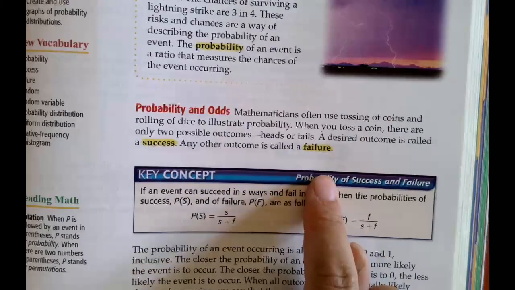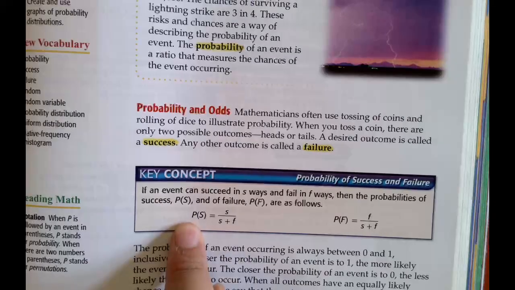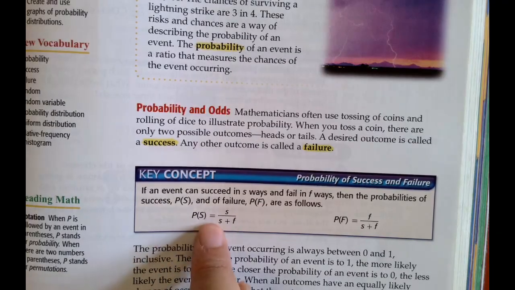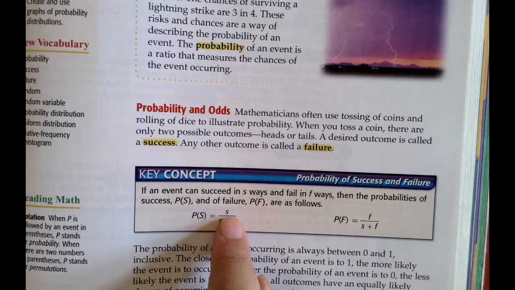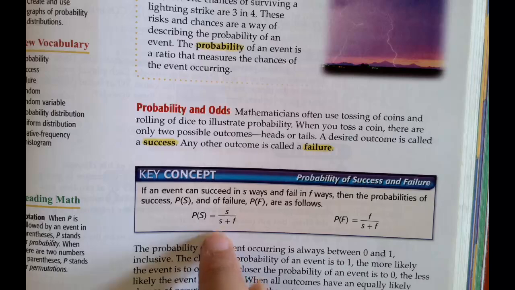And so the probability of success and failure here, so P stands for probability, the S stands for success, so the probability of success equals the number of ways you can succeed over the total amount of options, of outcomes, right? So that's why it's success plus failures.